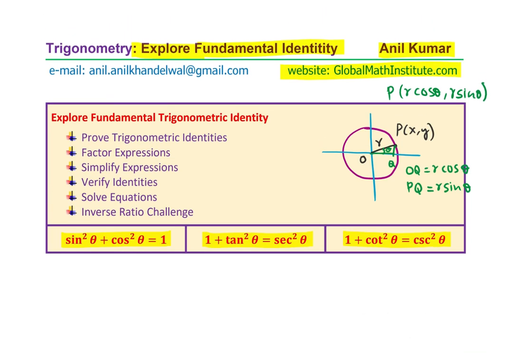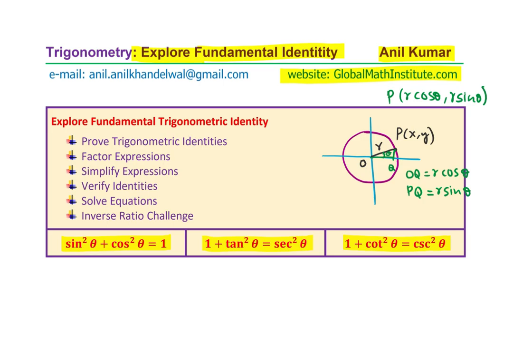Now clearly, if r is 1, you are directly reading cosine and sine values for that angle theta, correct? And what is r equal to? r, of course, is equal to the square root of x square plus y square. I may write r square is x square plus y square. With that in mind, let us prove these identities one by one. As we have written, x square plus y square is equal to r square for any point on the circle with radius r centered at origin.